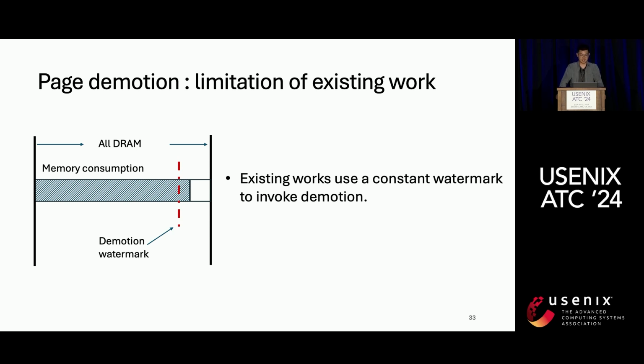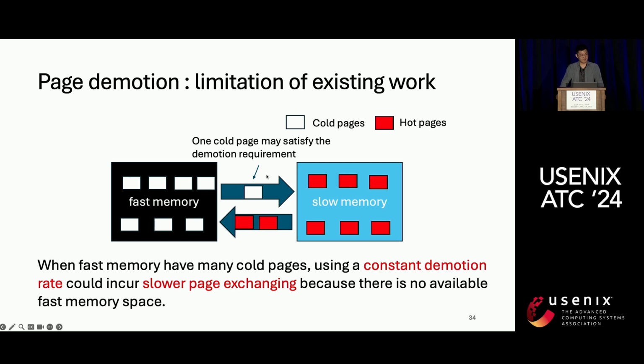Existing works use a constant watermark to invoke demotion. However, when fast memory has many cold pages, using a constant demotion rate could incur slower page exchanging because there is no available fast memory space.